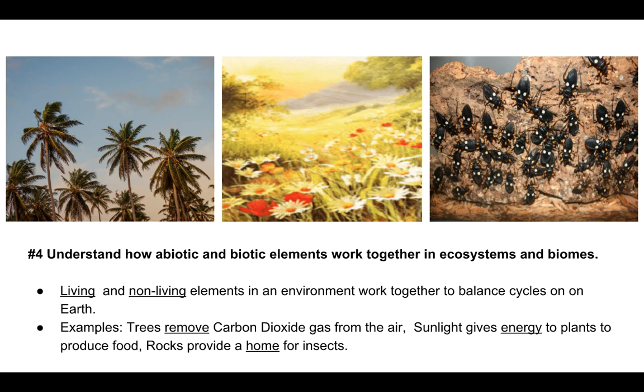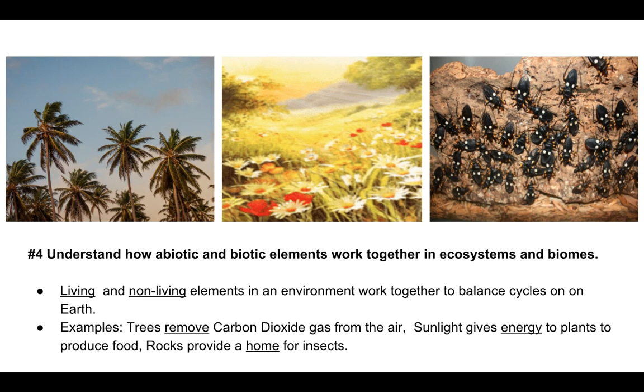Examples of this understanding: trees remove carbon dioxide gas from the air. I'll say that again. Trees remove carbon dioxide gas from the air. Sunlight gives energy to plants to produce food, and rocks provide a home for insects.